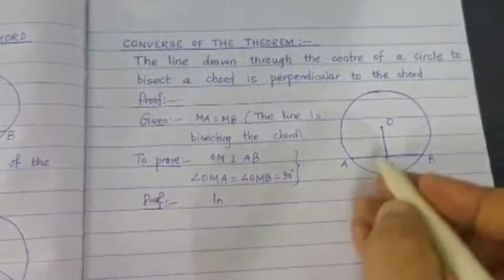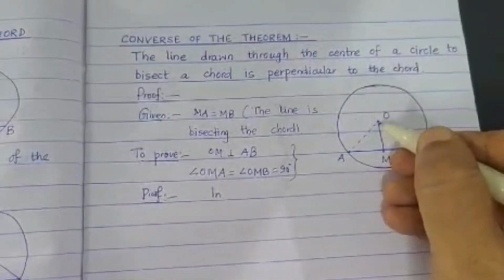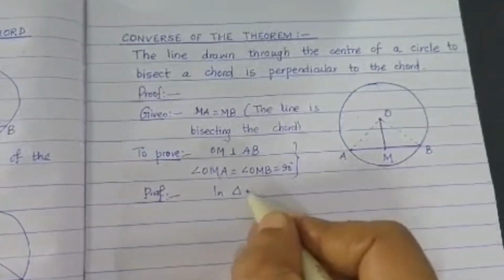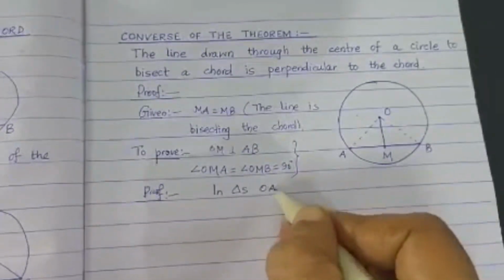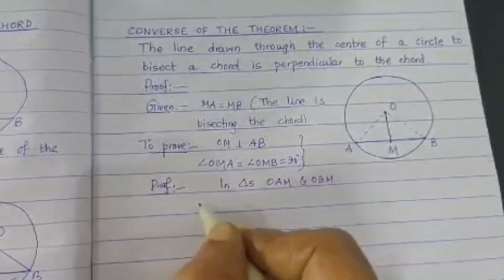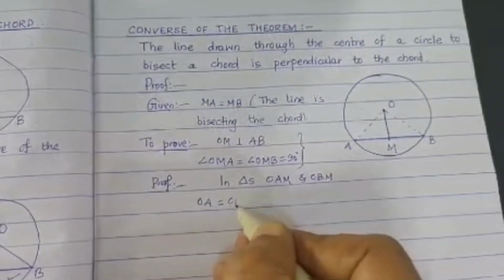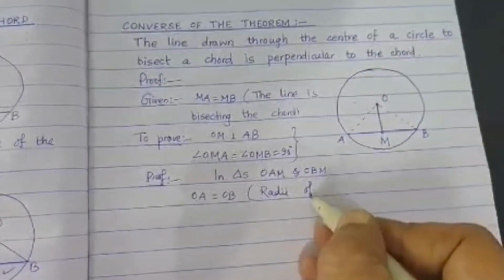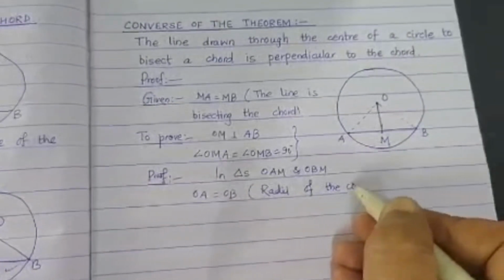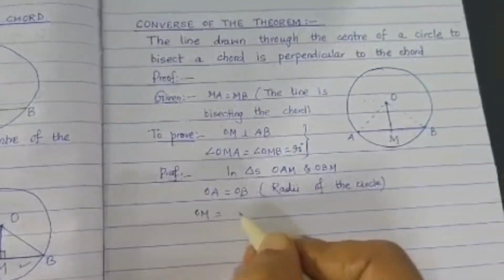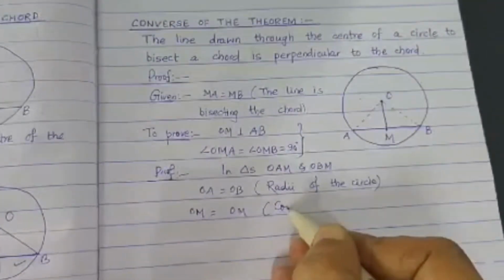Similar process we will apply. Let us first join these two radii. So in triangles OAM and OBM, what we find is that OA equal to OB, radii of the circle. Now OM equal to OM, it is common.